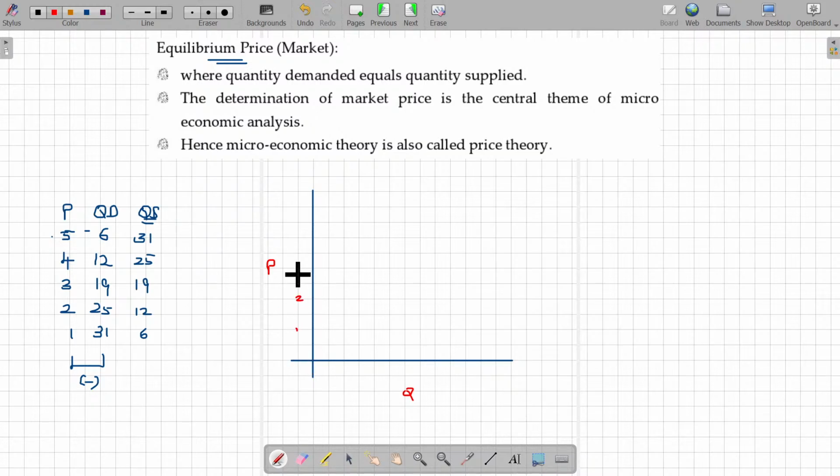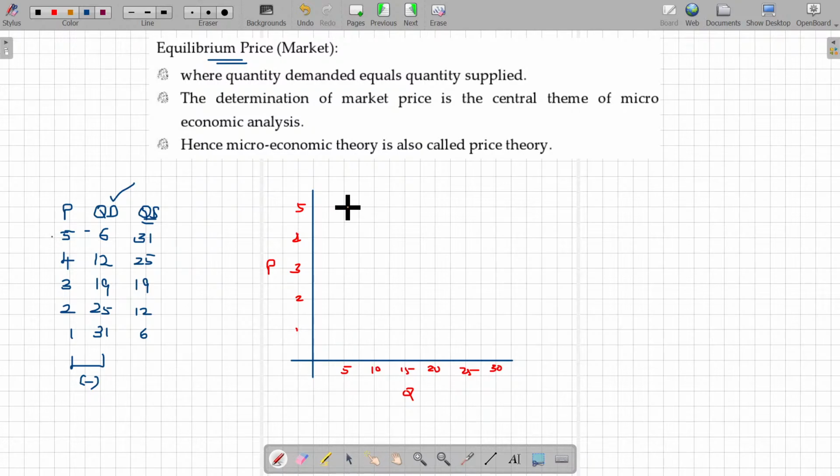And units 5, 10, 15, 20, 25, 30. I am going to plot the quantity demanded here. When the price is 5, the quantity demanded is 6 only.